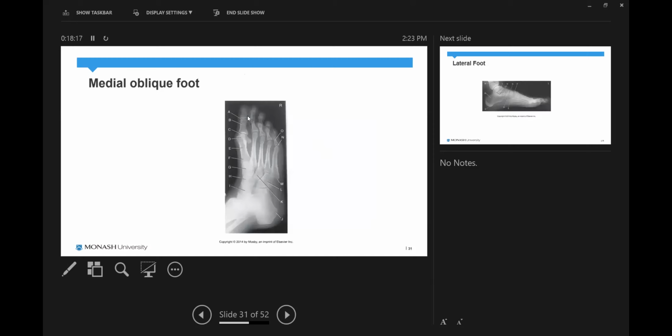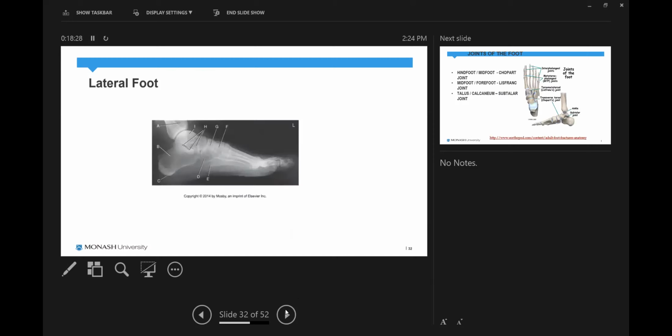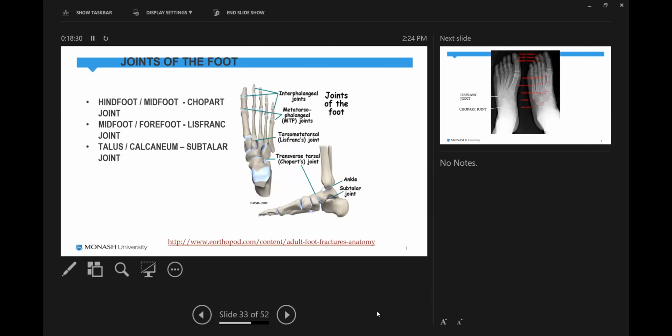I've again included a slide with images for you to go and revise the labels in the different views that have been taken of the foot, and there is a lateral as well.